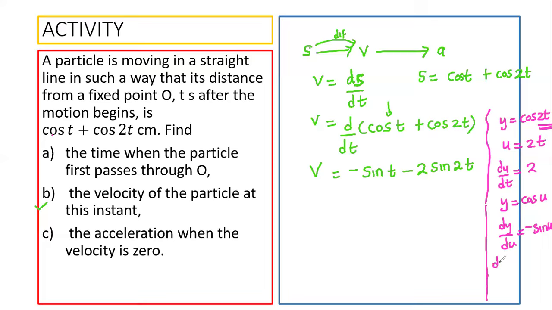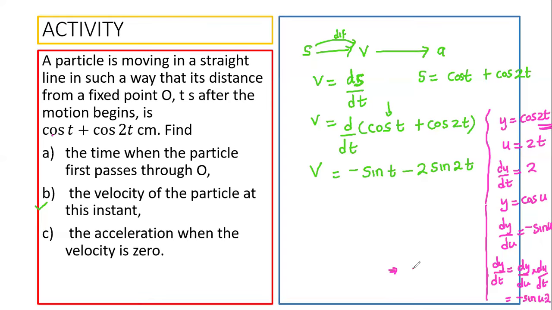Then we shall say dy/dt is equal to dy/du times du/dt. Negative sine u times 2.